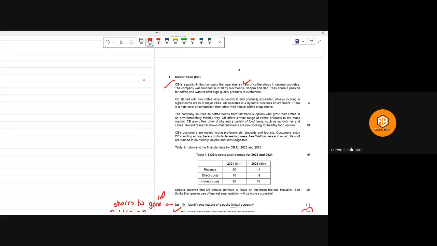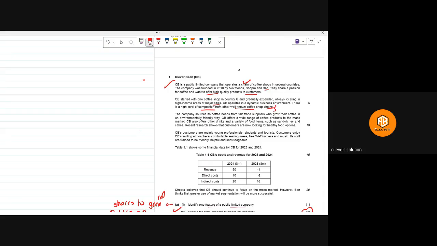The company was founded in 2010 by two friends, Chopra and Ben. They share a passion for coffee and want to offer high quality products to the customers. CB started with one coffee shop in Country Q and gradually expanded, always locating in high income areas of major cities. CB operates in a dynamic business environment, and there is a high level of competition from well known coffee shop chains.